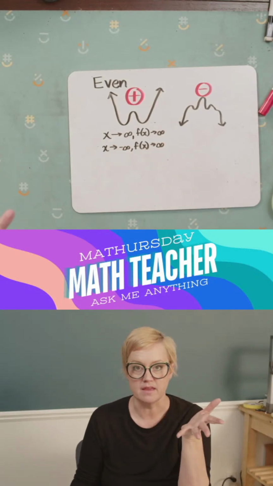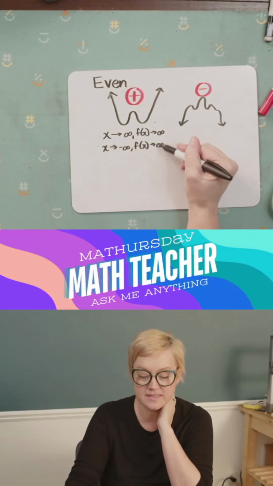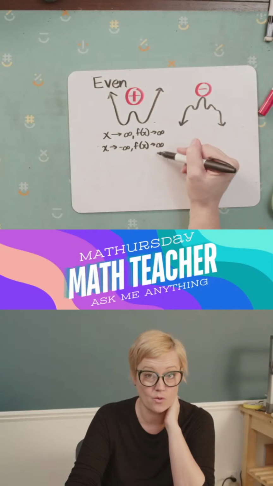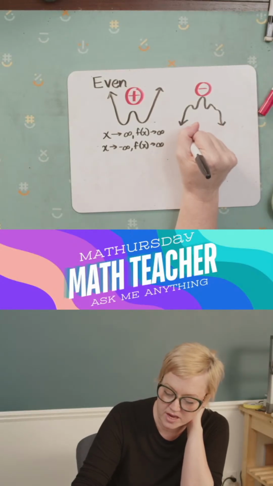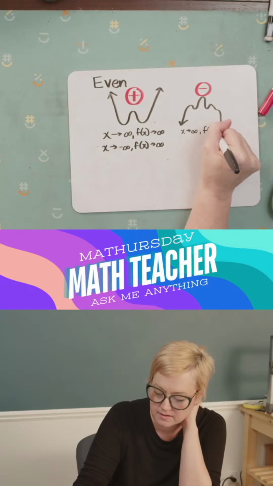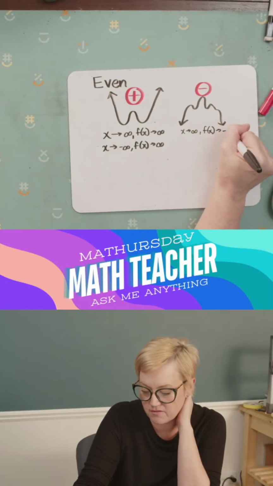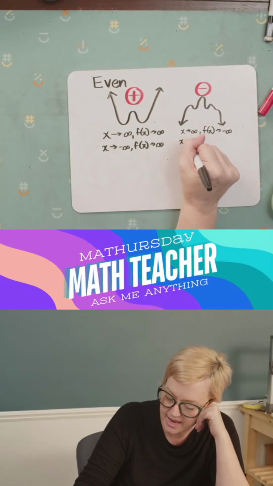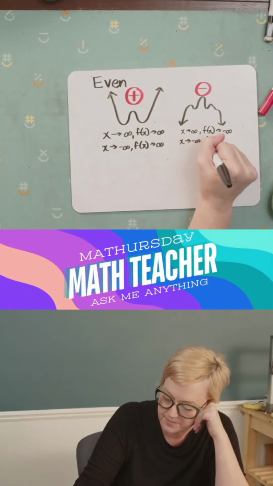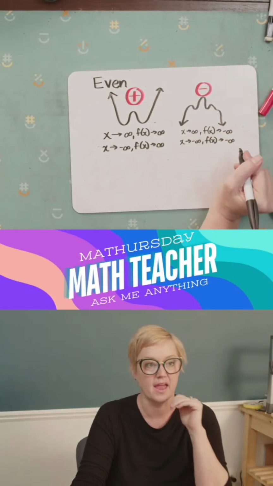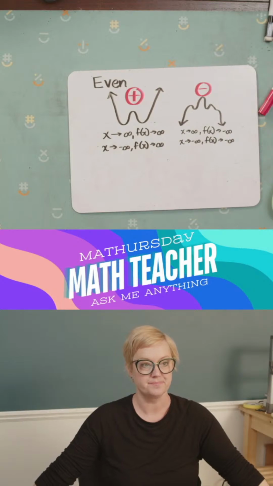It's the same thing. The x values are going to go to the same destination. They're either both going to positive infinity or negative infinity. Because over here, they're both going down. So as x goes to infinity, f of x goes to negative infinity because they're both going down forever. And as x moves to negative infinity, f of x also goes to negative infinity. So they're both going down.